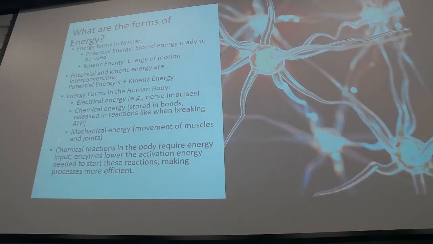And then we have mechanical energy, produced when we contract our muscles, and that moves our joints so that we can carry objects or move from one place to another. And in our body, we need enzymes to lower the activation energy so that these chemical reactions take place. That makes our metabolism more efficient.